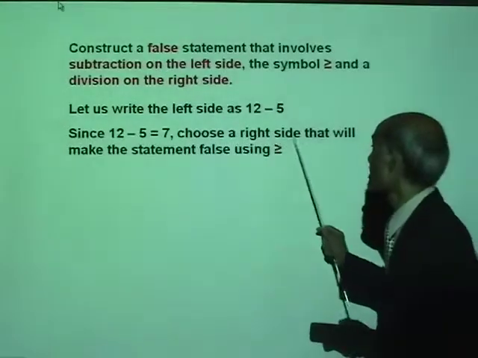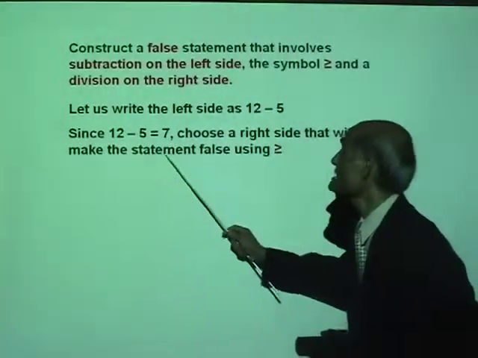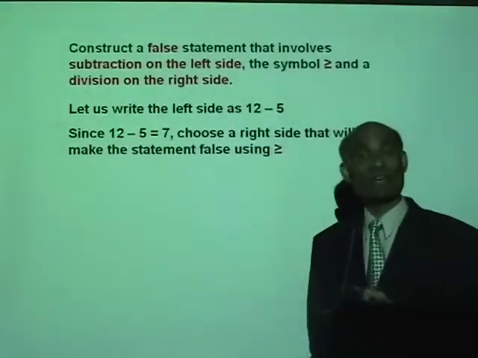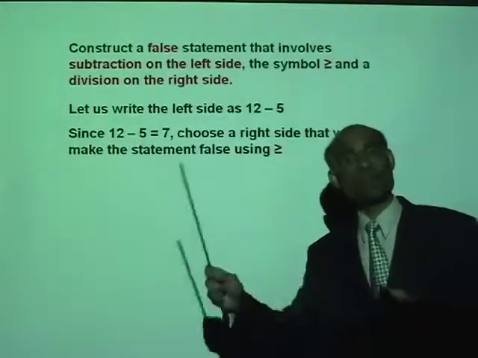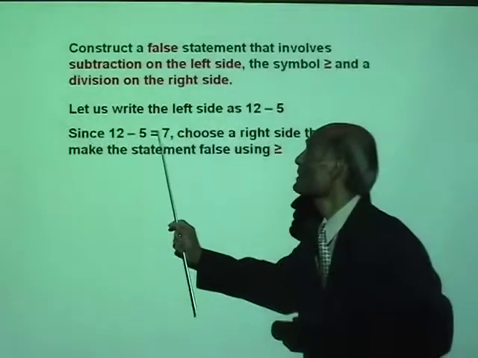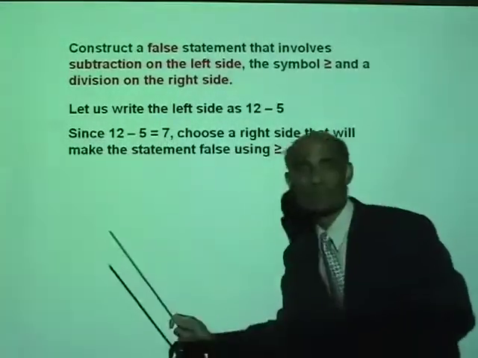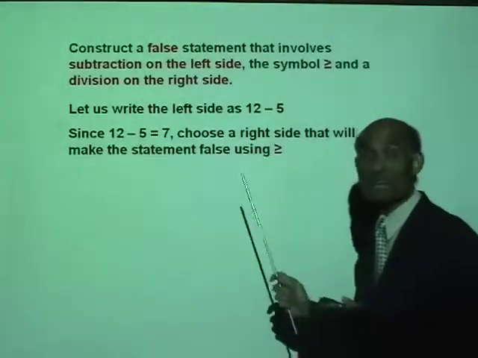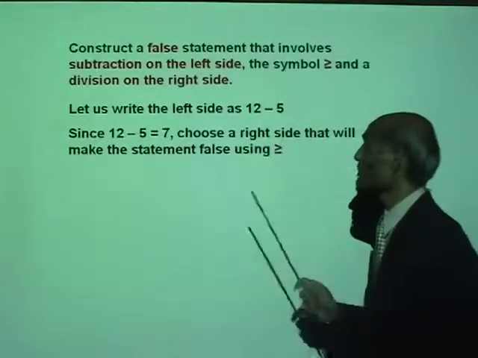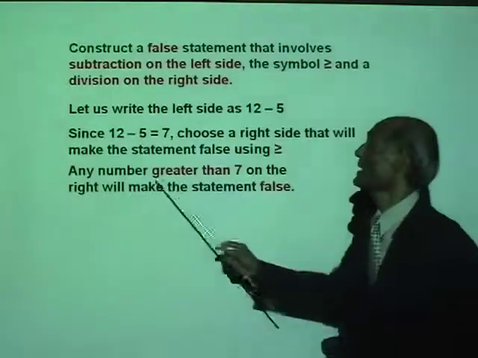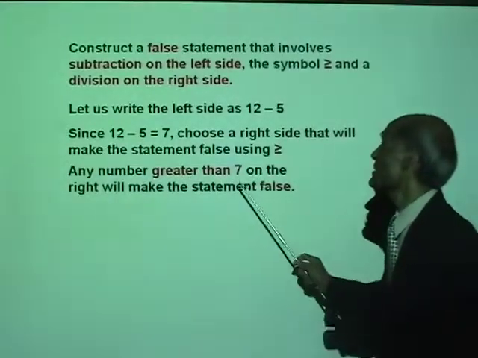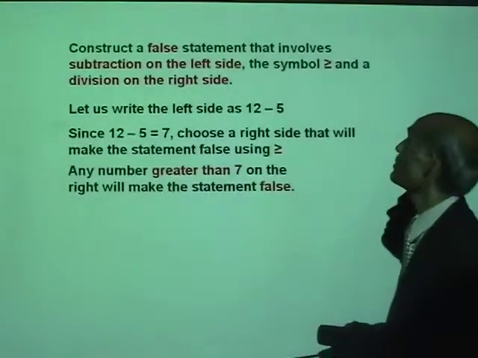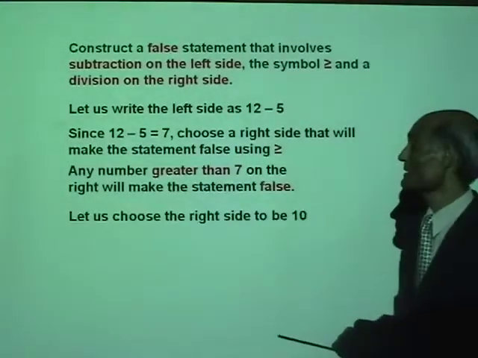Now choose the right side that will make the statement false using greater than or equal to. Can you choose a right side? The left side we have chosen to be 7. Choose the right side that will make the statement false. Well, any number greater than 7 on the right will make the statement false. Is that right? Yes.